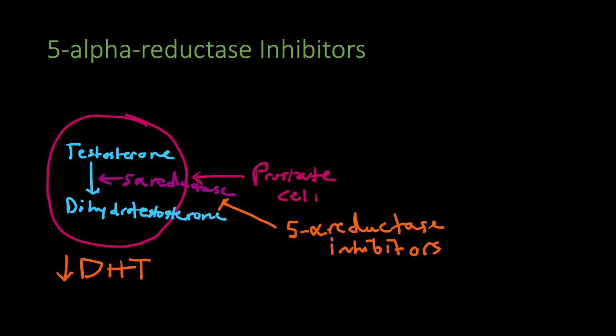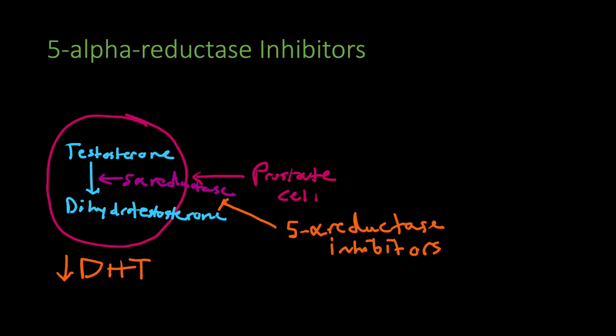And the 5-alpha reductase inhibitor, I briefly already talked about this. This is to prevent the conversion of testosterone to dihydrotestosterone. And dihydrotestosterone is the primary hormone responsible for stimulating prostate cell growth, so that it does not enlarge.